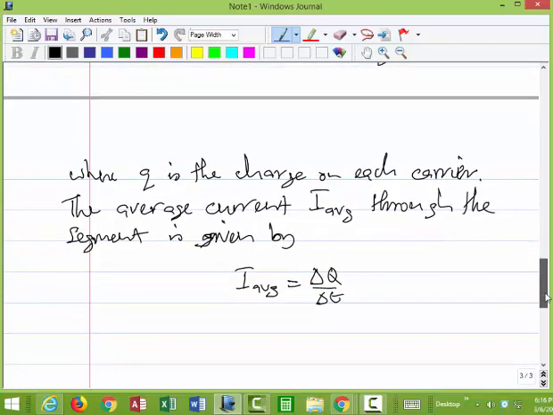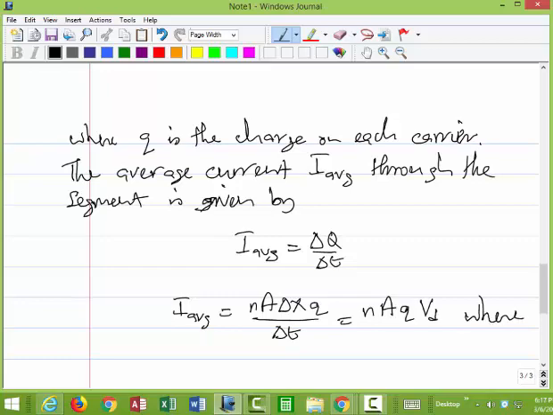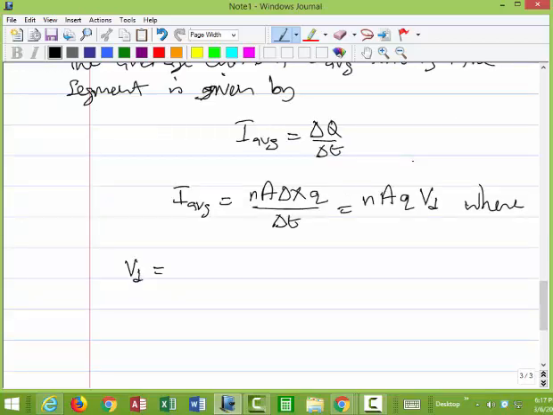So if we divide delta Q by delta T, then I average is equal to n A delta x times q divided by delta T, which becomes n A q v_d, where v subscript d is just delta x over delta T. So the drift velocity v_d is equal to delta x over delta T. That will be the average current in the wire.